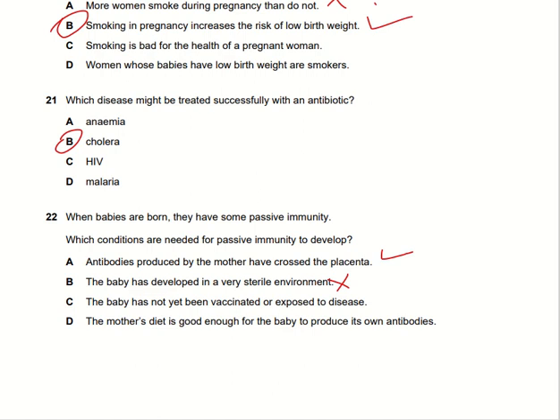The baby has not yet been vaccinated or exposed to disease. No. The mother's diet is good enough for the baby to produce its own antibodies. No, diet is not required for the antibodies. The interaction with a particular pathogen or antigen is required for the production of antibodies. So option A here is the right one.